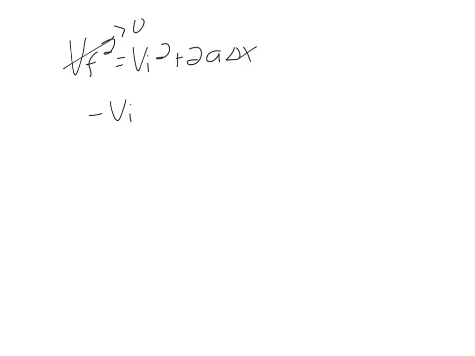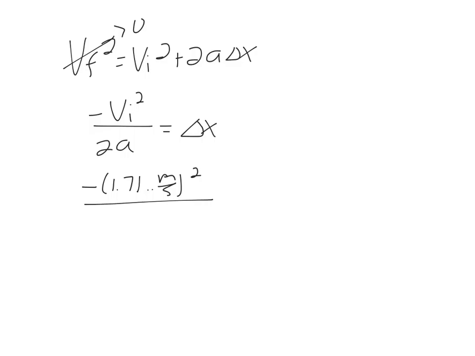Negative V initial squared over 2A equals delta X. So negative 1.71, keeps on going, this is squared, meters per second squared over 2, my G is 9.8, times the cosine of 68 degrees equals delta X.